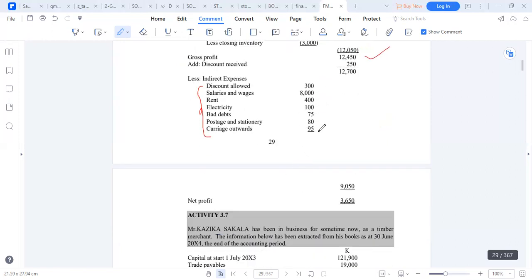So when you total all these, the total is here. These are total expenses. So we subtract total expenses from our gross profit. What we're going to get is our net profit, which is 3,650. All right. Any questions there?